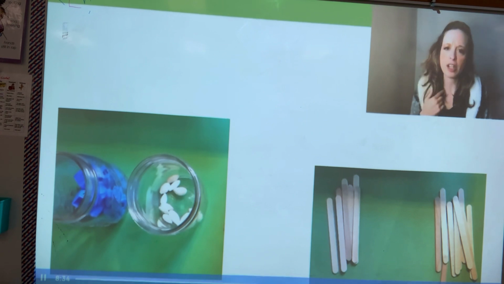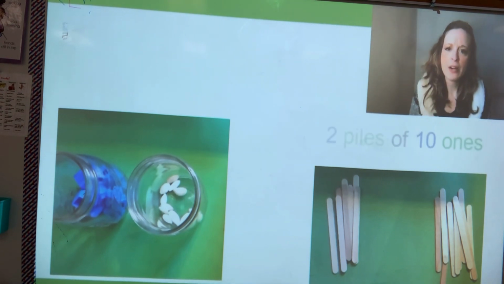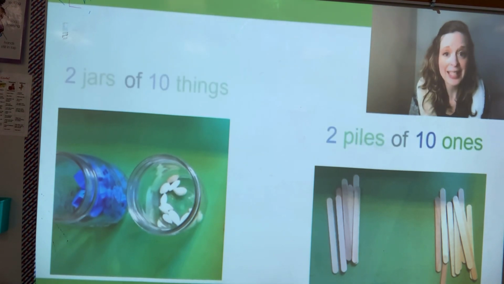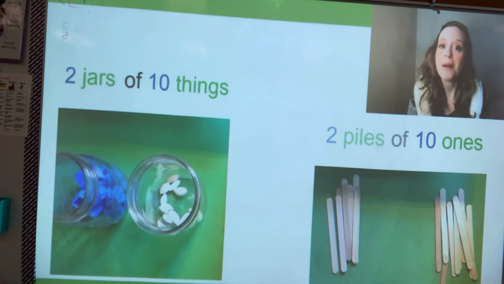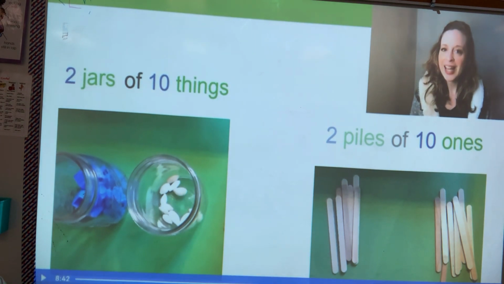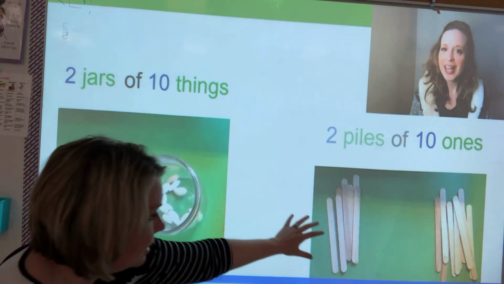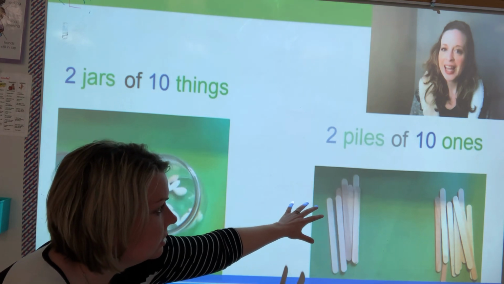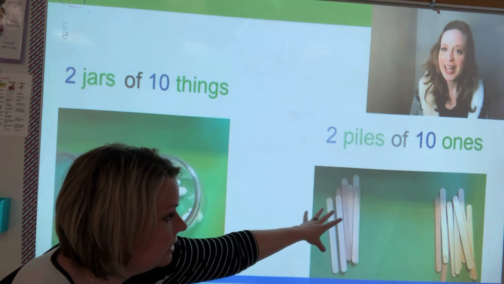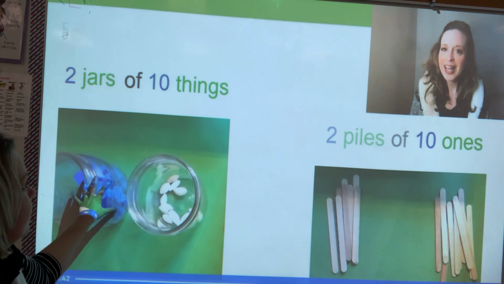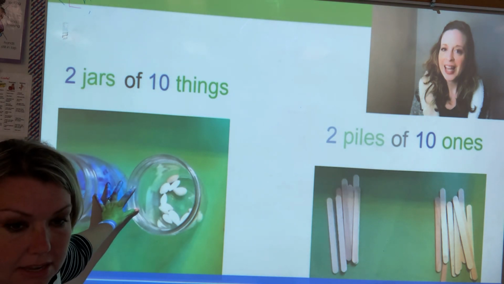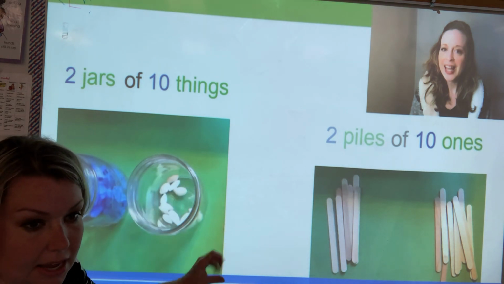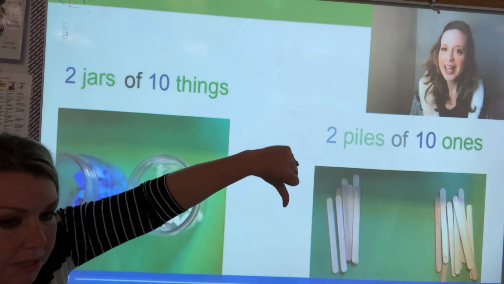That makes me wonder. Is 10 ones the same as 10 things? Pause the video. Is 2 piles of 10 sticks the same as 2 jars of 10 things? Are these the same? Thumbs up or thumbs down?